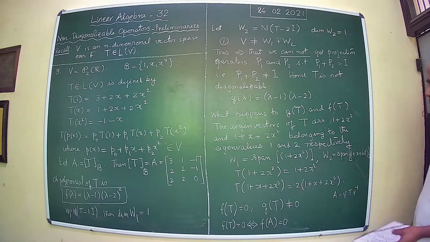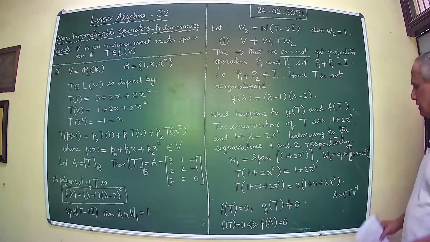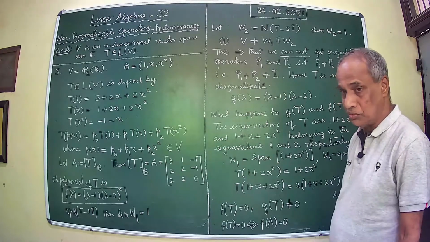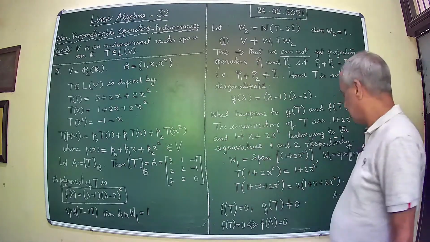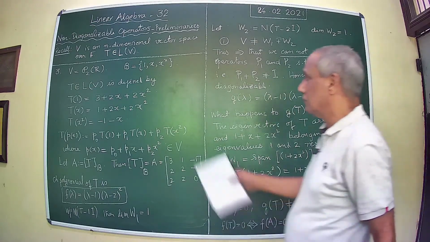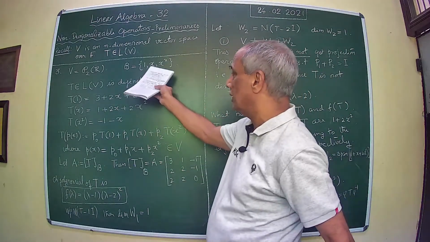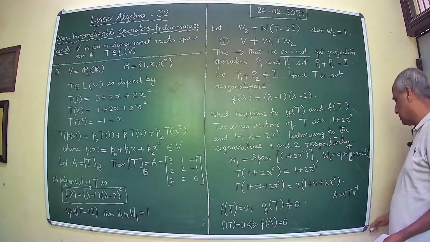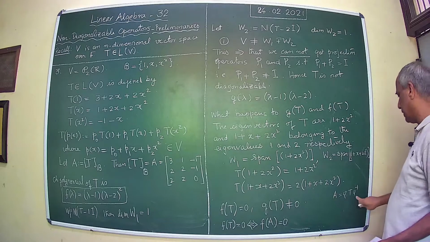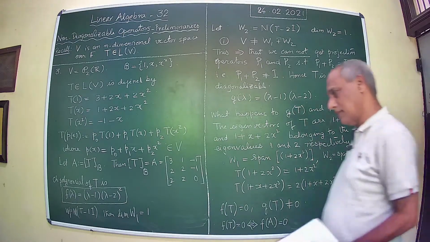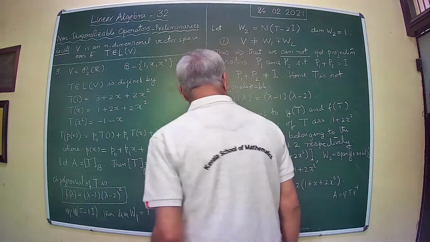Phi is an isomorphism between P2 and R3, subordinate to the choice of the ordered basis 1, x, x squared. So you see that these are invertible maps, isomorphisms preserving the structure.